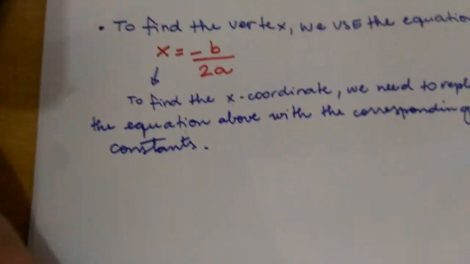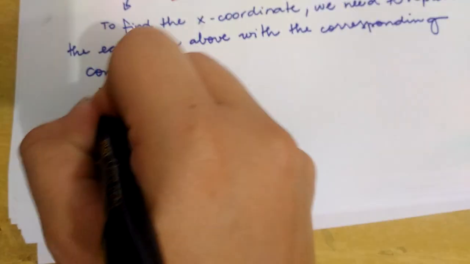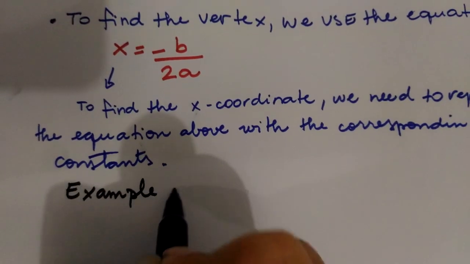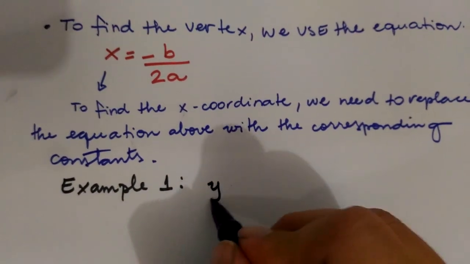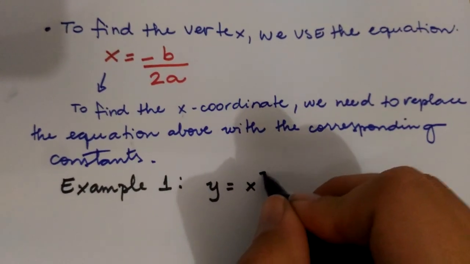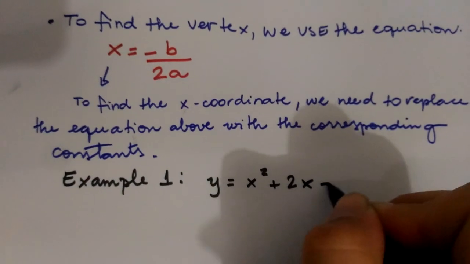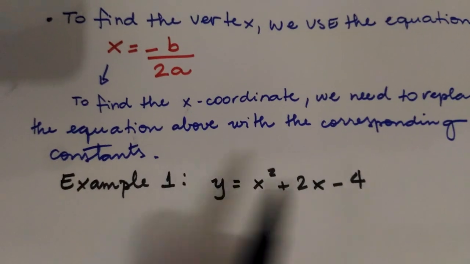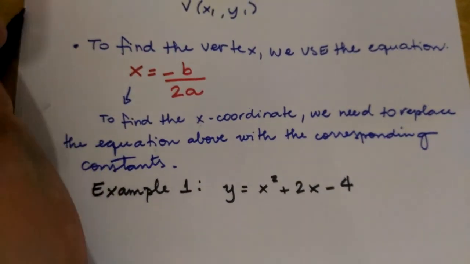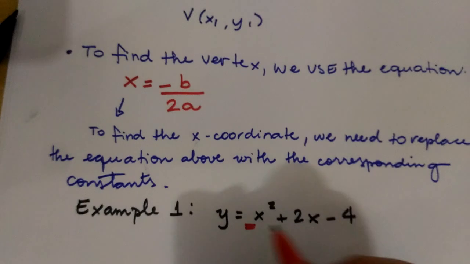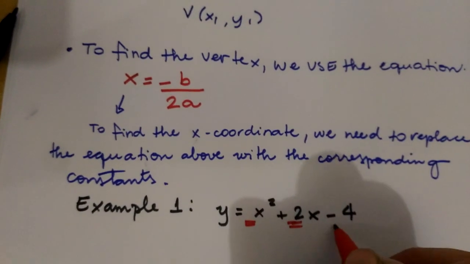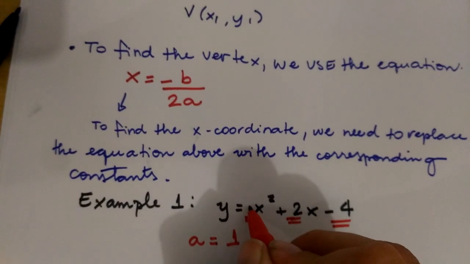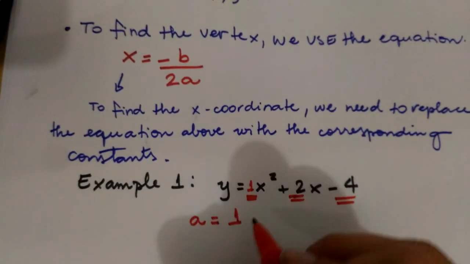So for example, example 1, let's say I have this function here. First thing we're going to do is analyze who's A, who's B, and who's C. So A is 1 because there's nobody here, so it's always 1.